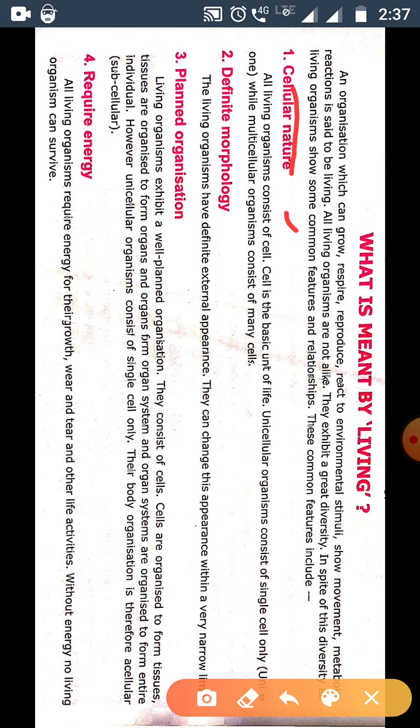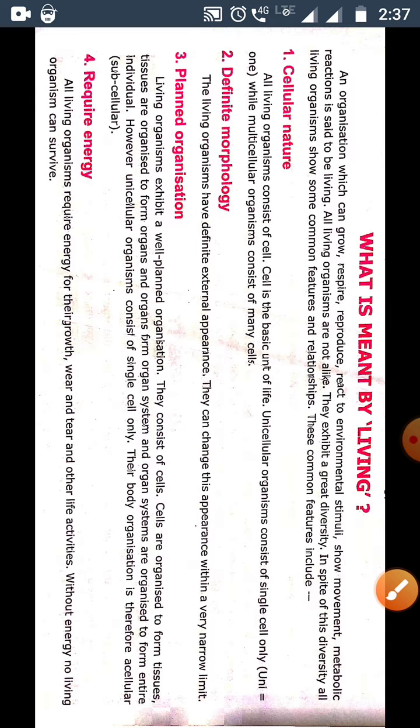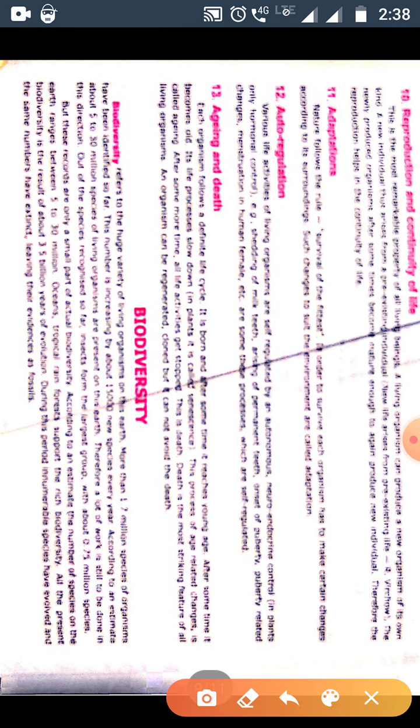These common features include cellular nature, definite morphology, plant organization, required energy, irritability and response to stimuli, movement and locomotion, coordination, metabolism and growth, excretion, reproduction and continuity of life, adaptation, autoregulation, aging and death.